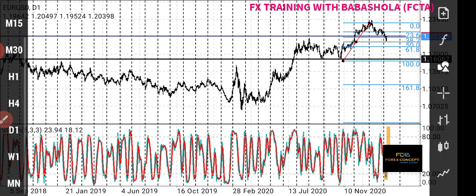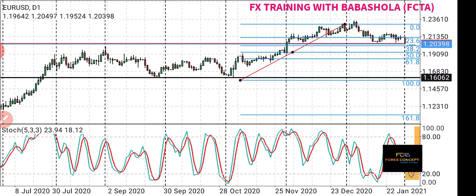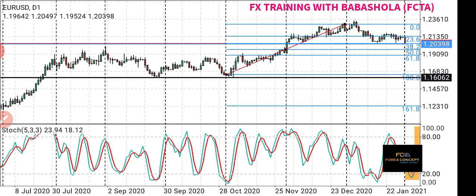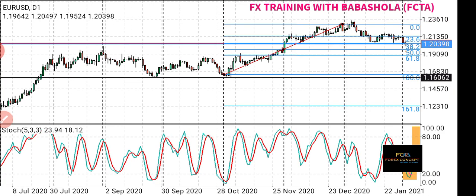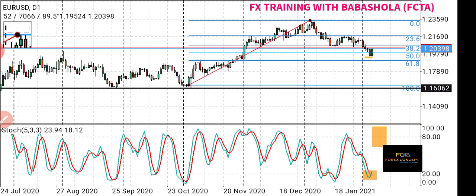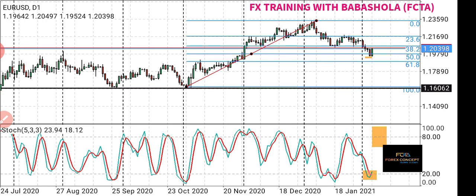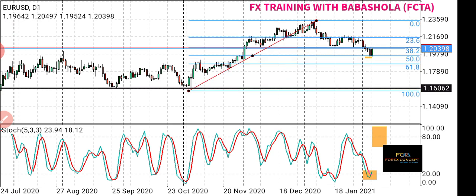Let me expand it very well so that we'll see. Let me put it very well here, because this was the place where the uptrend ends before retracing back to this level, and it touches this candlestick.